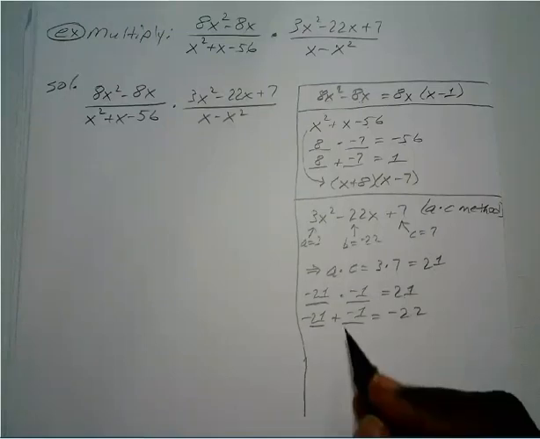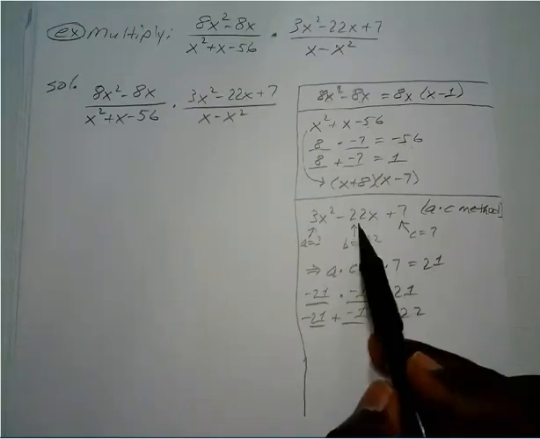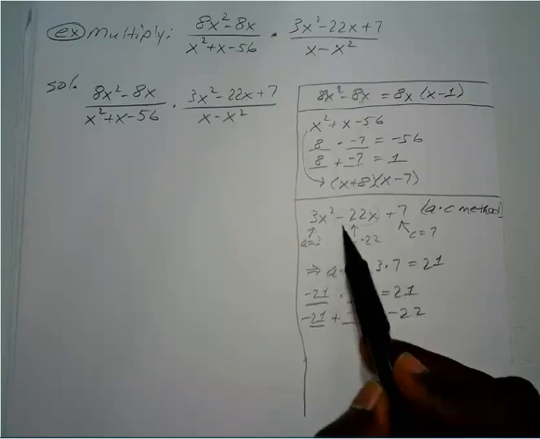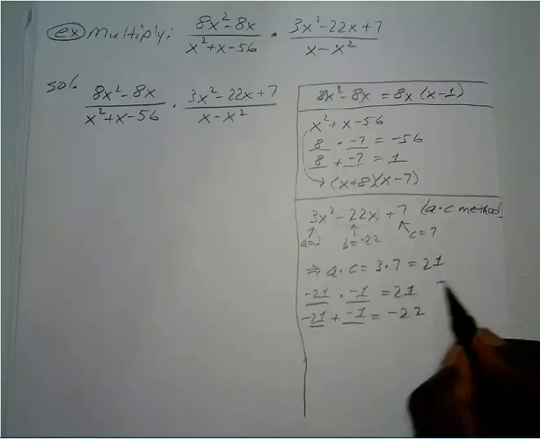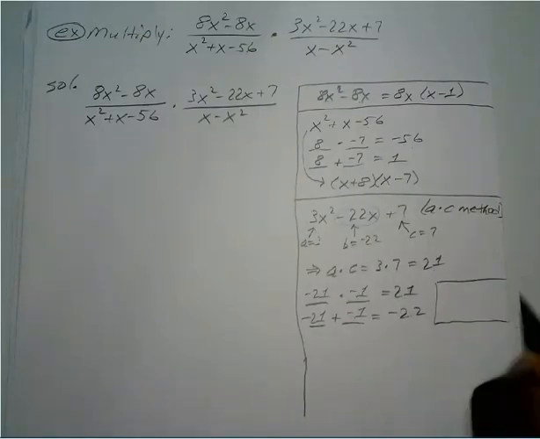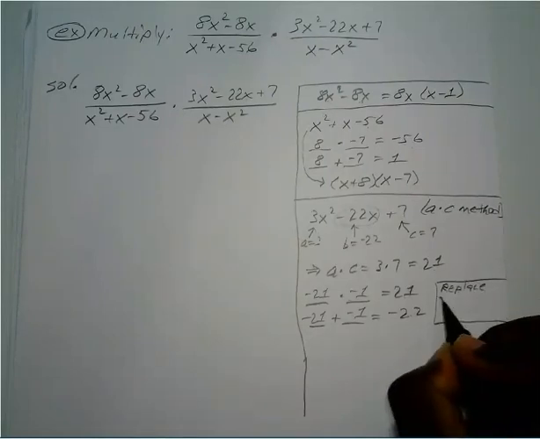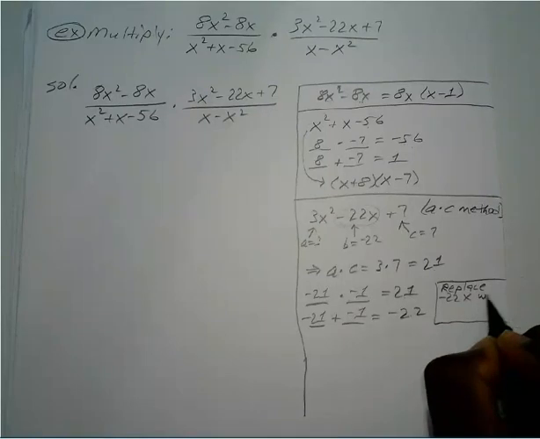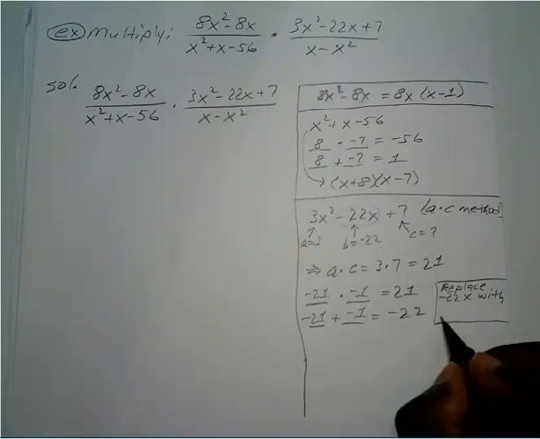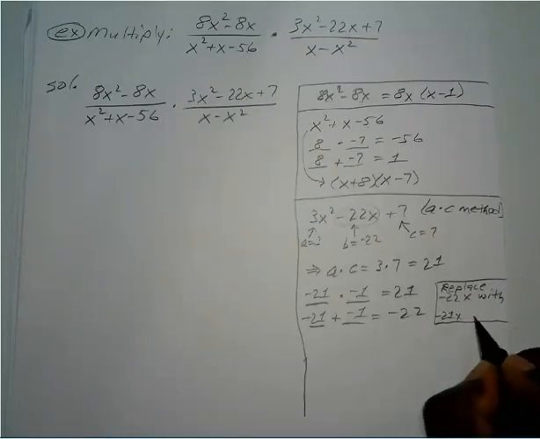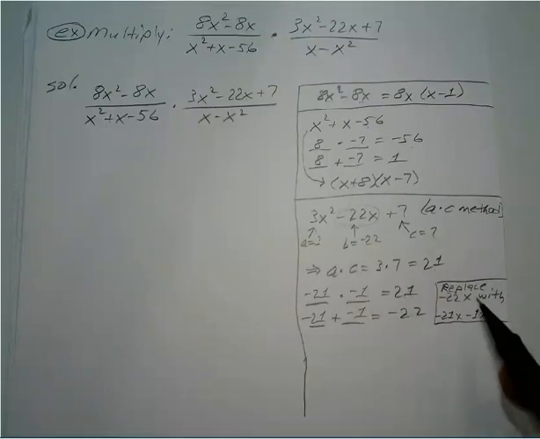Okay, so now we know we have to replace this middle term with those two. So we replace negative 22x with negative 21x minus 1x, which is still just negative 22x.